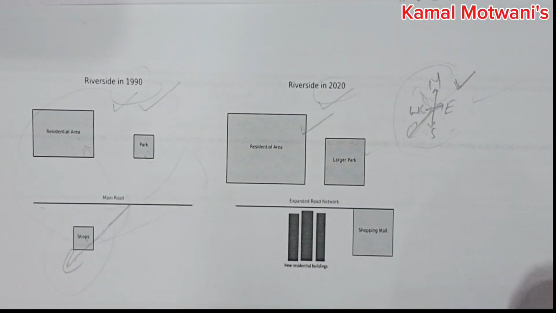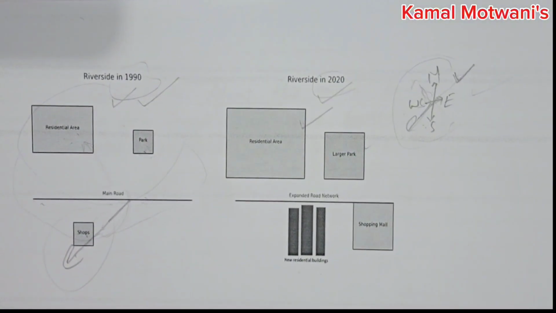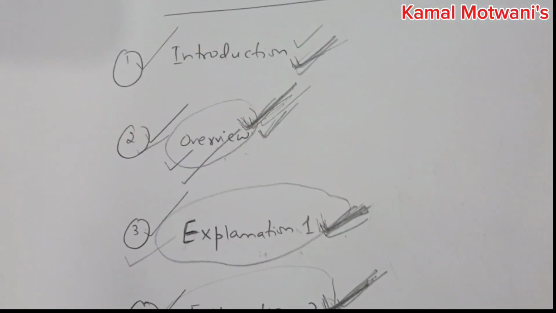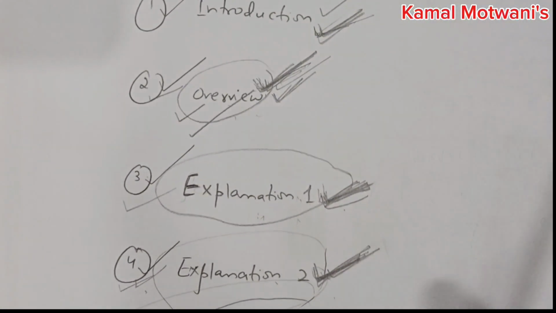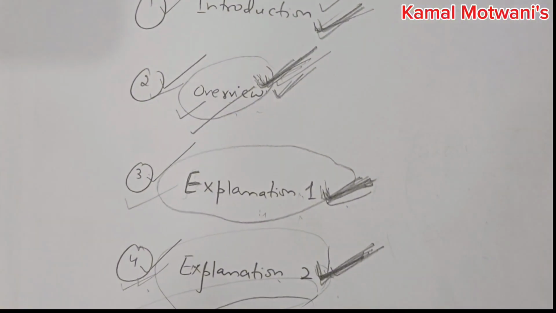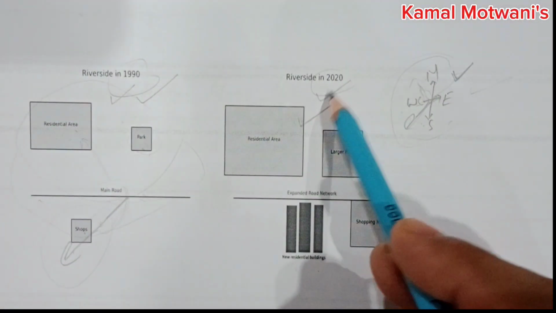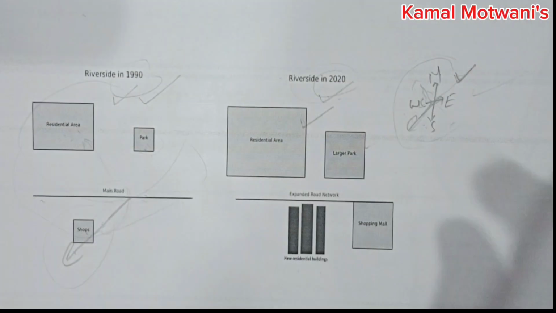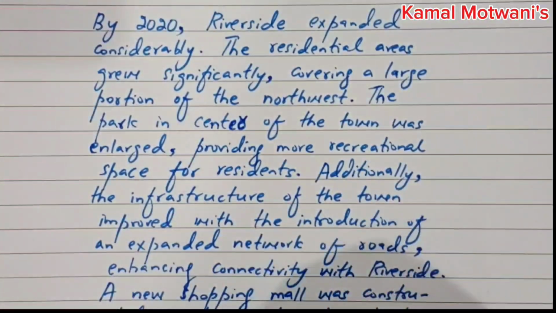Okay, then we will write the last paragraph, that is explanation 2, and this is the fourth paragraph, and it is pertaining to explanation 2. This is the last paragraph of this task, and this is about Riverside in 2020. Let's read it. In this paragraph, I have also used comparisons wherever they are necessary.